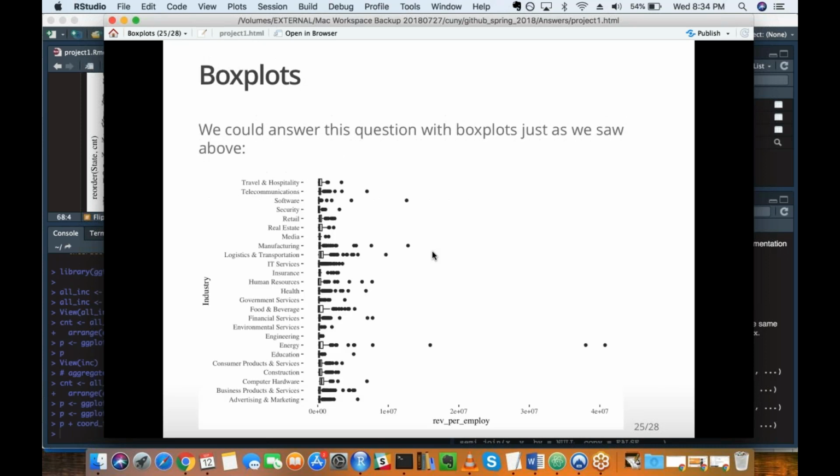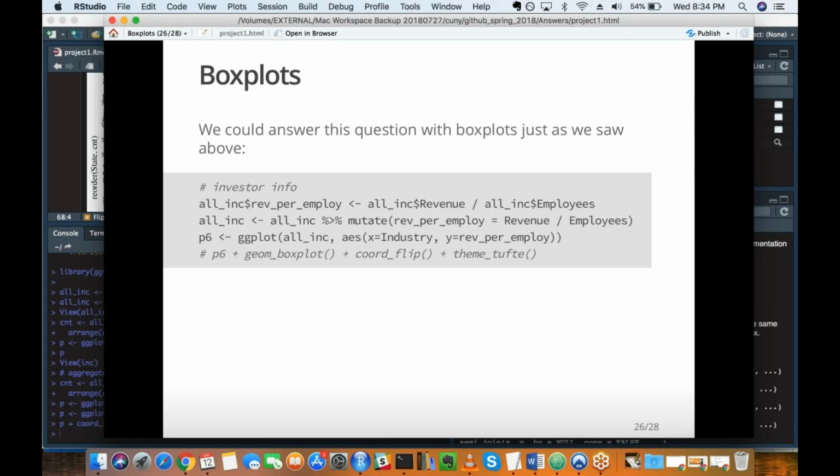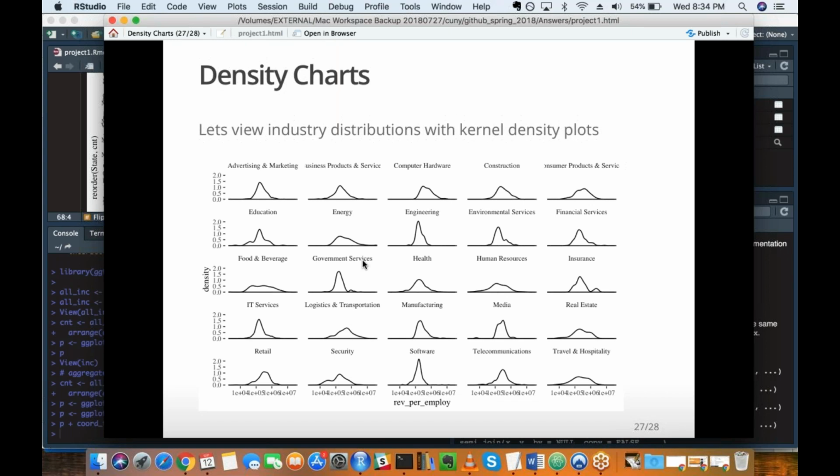For something like this, I didn't do any processing with this box plot. A box plot could definitely show you the answer to a question like this, as long as you deal with the outliers.